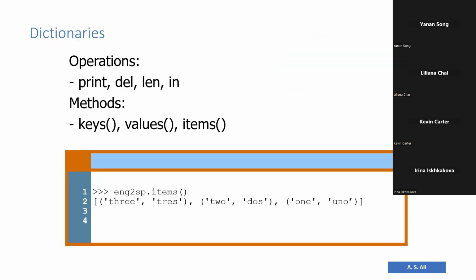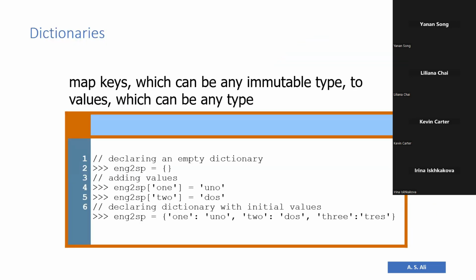If I just want to print the keys, only the keys, I want to know the keys of this dictionary. I can just put English to Spanish dot keys, and it will print for me a list of 1, 2, 3. That's what the computer will print for me.